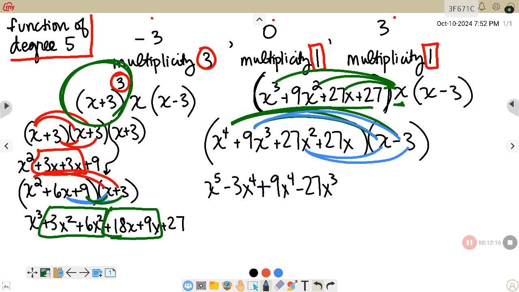So 27x squared times x gives me plus 27x to the third. 27x squared times negative 3 gives me negative 81x squared. And then I'll move to the last one and distribute it. 27x times x gives me plus 27x squared, and 27x times negative 3 gives me negative 81x.